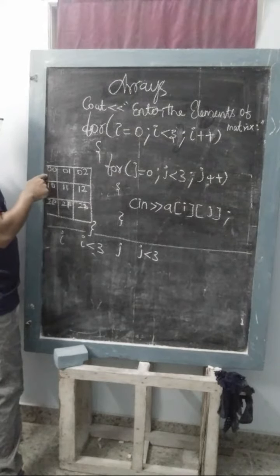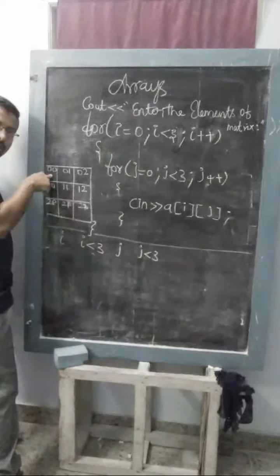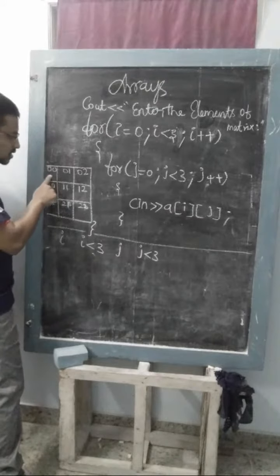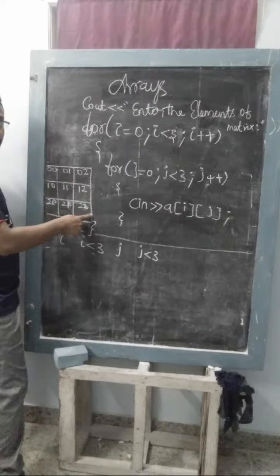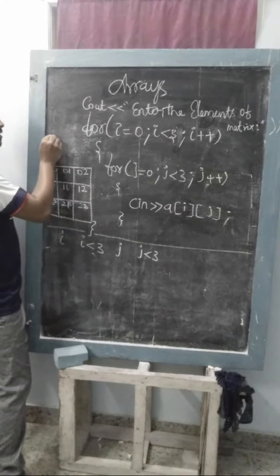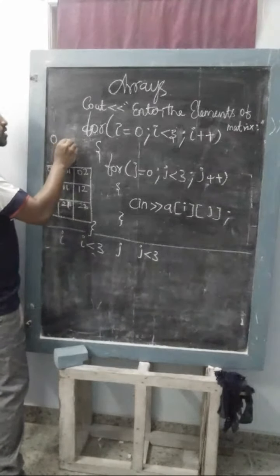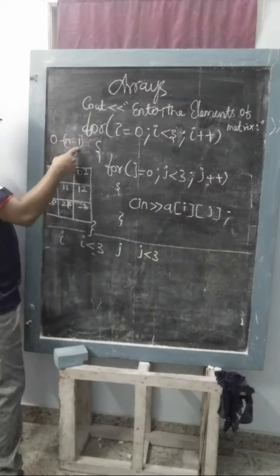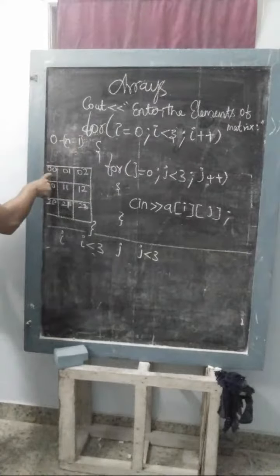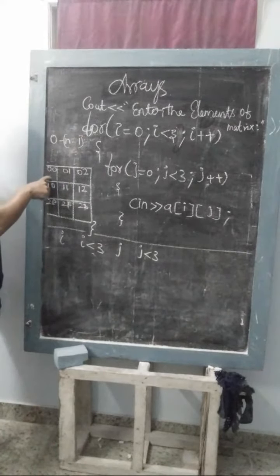Because array index starts from 0. It consists of rows and columns, so we use row 0 and column 0. This is the 0th row, first row, second row. Array always goes from 0 to n minus 1.